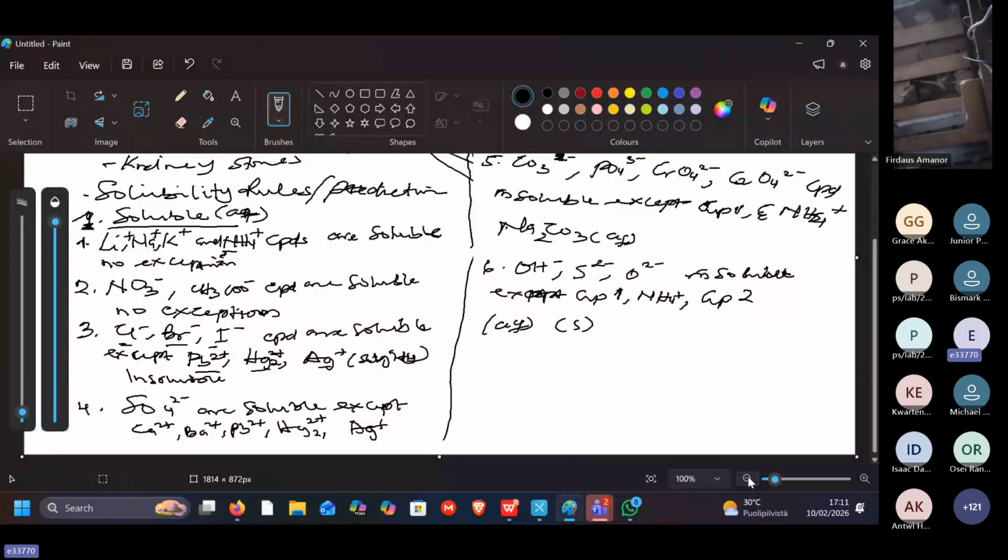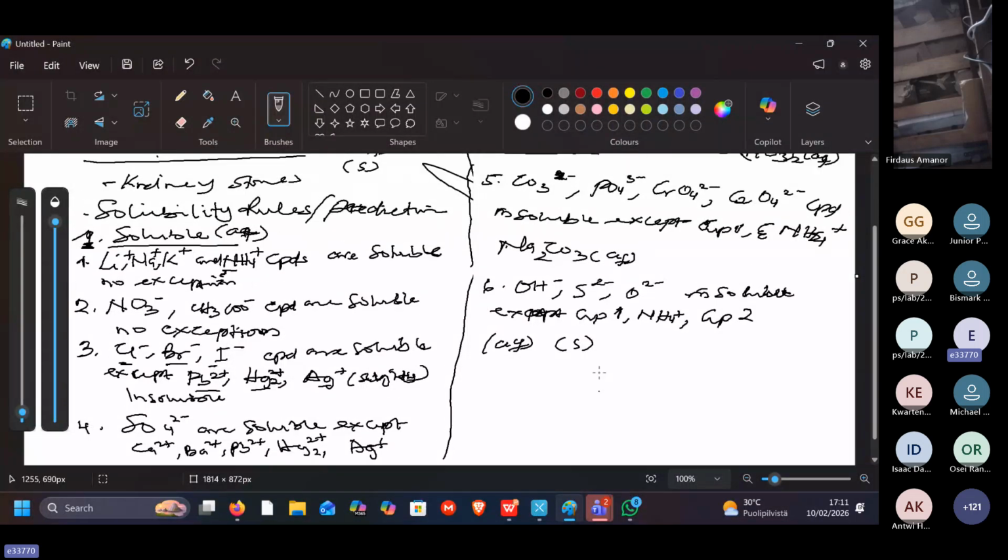Silver sulfate is slightly soluble, but it's solid. You can still have some solid not dissolving.